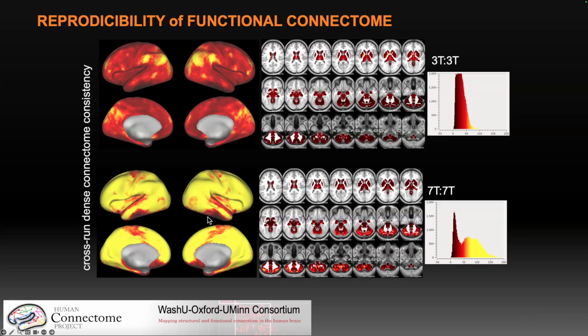And these are not columnar resolution. The 3 Tesla data is 2 millimeter isotropic. The 7 Tesla data is 1.6 millimeter isotropic. So it even has a slightly higher resolution, not mesoscopic resolution, a factor of 2 in voxel size, but yet even with that factor of 2 decrease in voxel size, the reproducibility is substantially higher for the 7 Tesla.